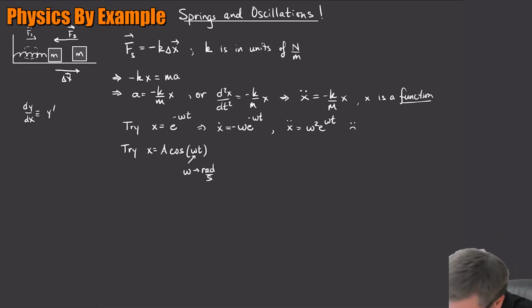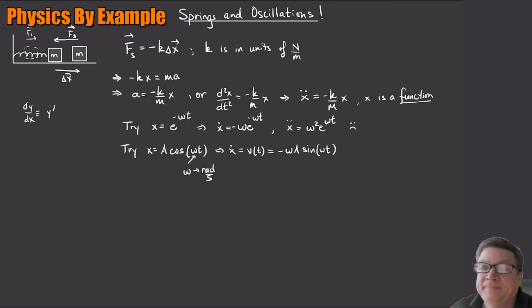All right, so let's see, x dot. By the way, what is x dot? That's the velocity, right? Derivative with respect to time. When I take the derivative with respect to t, what do I get? I get minus omega A sine omega t.